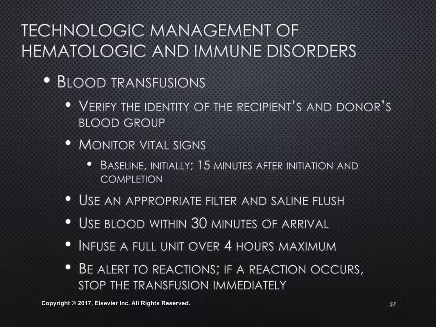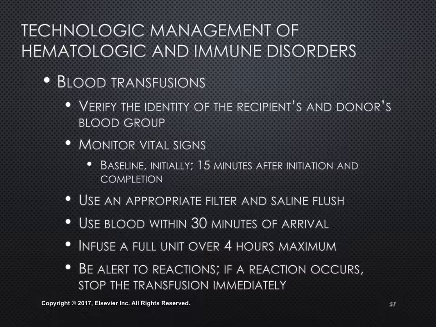And so we want to verify the identity of the recipient and the donor's blood group. There's nothing worse than if we give the wrong blood type to somebody. So we want to make sure that everything matches, and it's not like the people in the blood bank can't make mistakes.